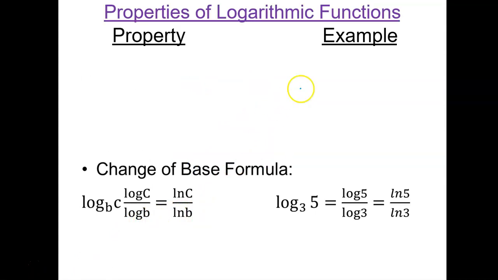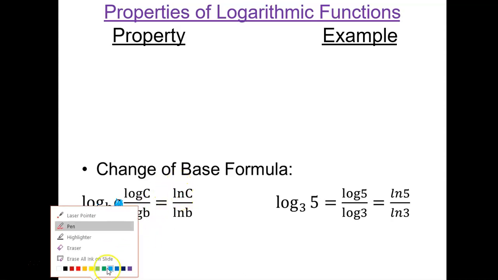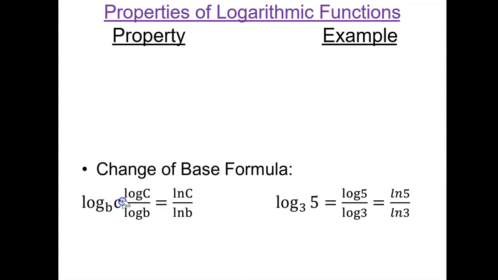So the next property is called the change of base formula. Basically what the change of base formula is telling me is that if I have any log... This slide is just a little bit messed up, so that's a little confusing.